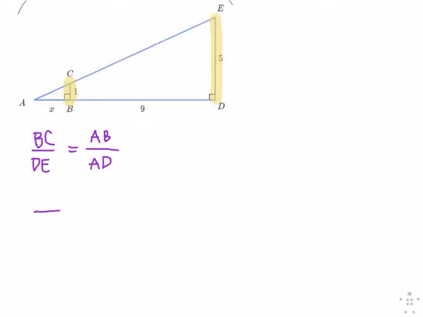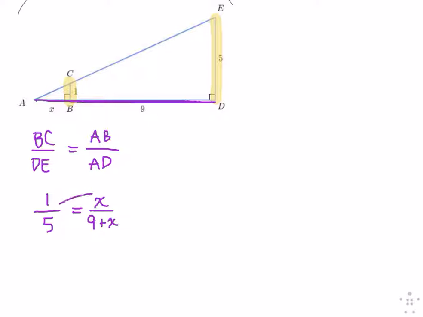So now I'm going to set up the proportion with the numbers. BC is 1, DE is 5, AB is x, and then AD would actually be 9 plus x, because it's the length of this entire bottom side right here. So it would be the whole thing, so you would be adding the sides together.